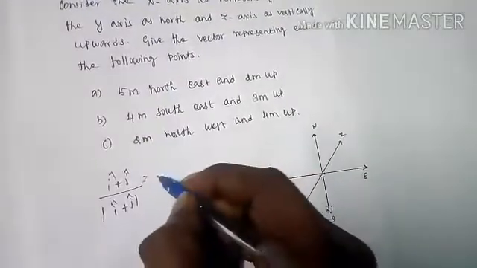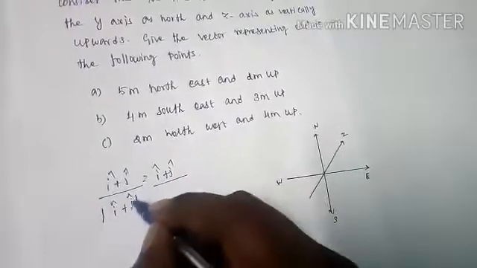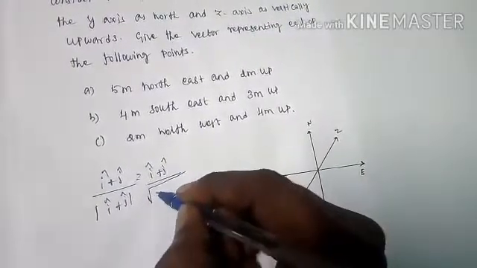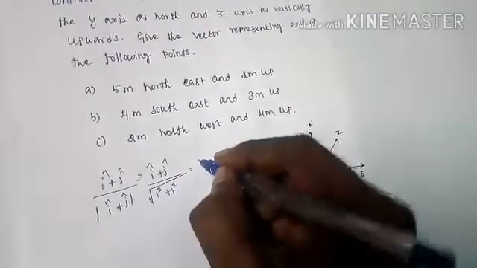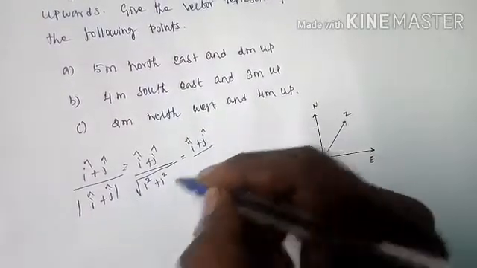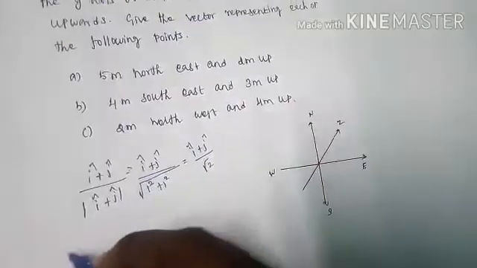This modulus can be written as root of 1 square plus 1 square, so it equals i cap plus j cap divided by root 2.